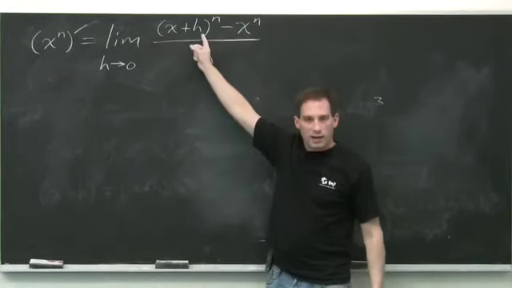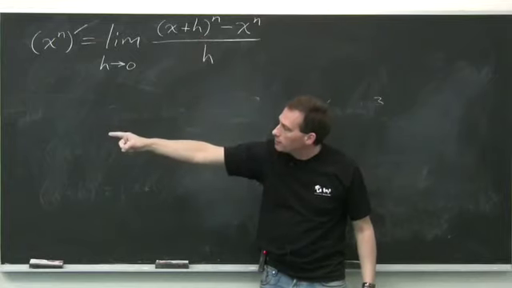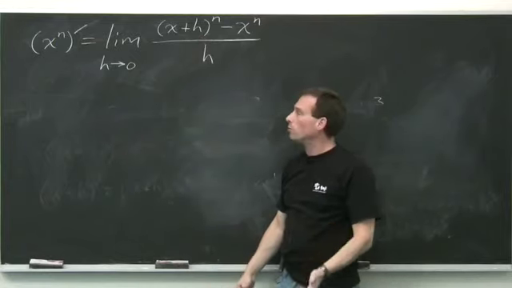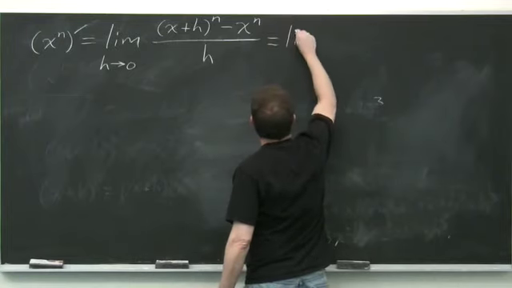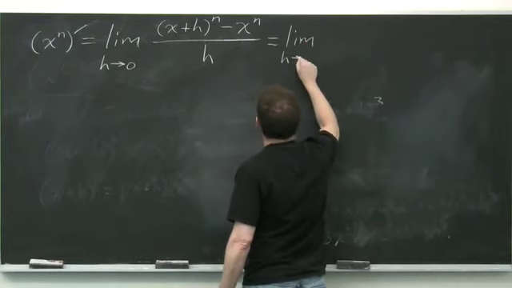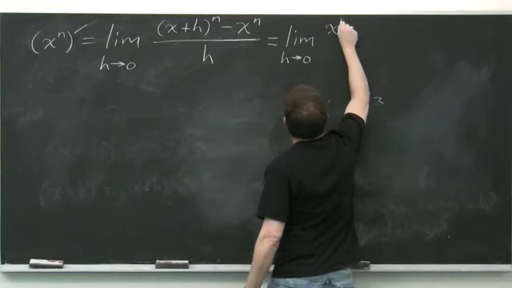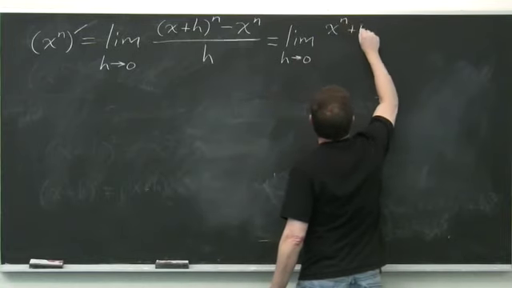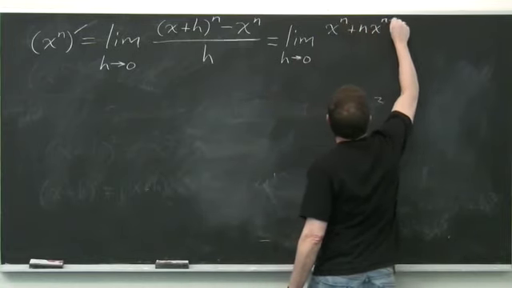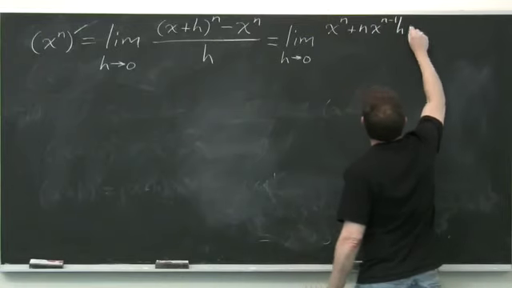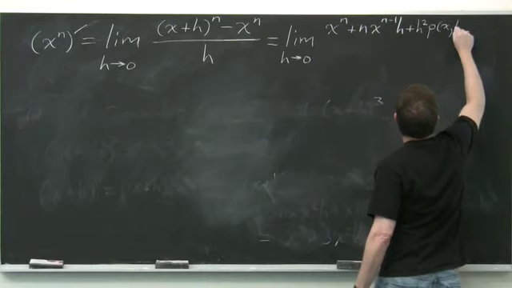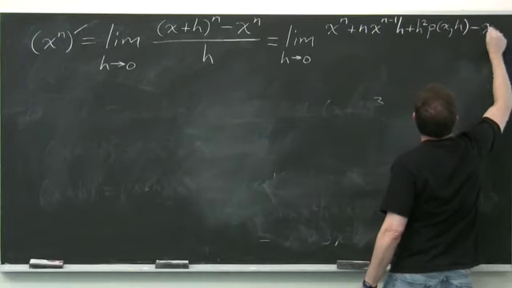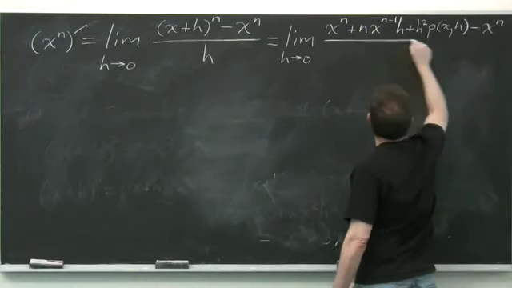But now we use that x plus h to the n has that form that I just wrote. So this is the limit as h approaches 0 of, you get an x to the n plus n x to the n minus 1 times h plus h squared times this function p of x, h minus x to the n. And it's all divided by h.